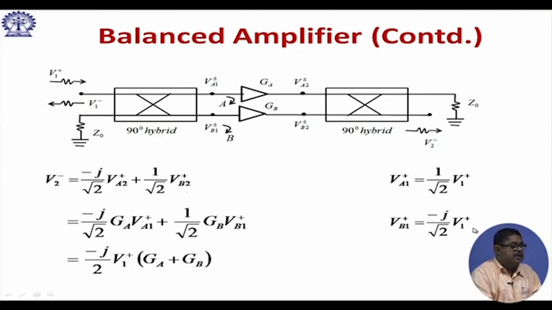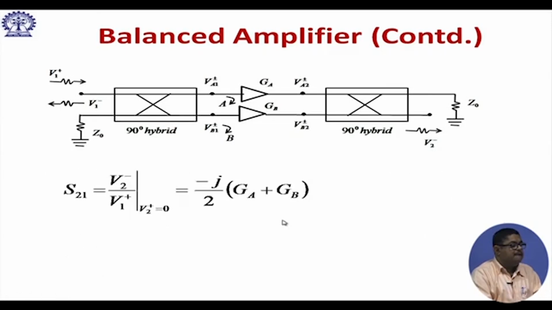Already remember this, put those values of A2 here, and finally you see that this is GA plus GB. So, with V2 minus in terms of V1 plus, immediately I can write the S21 parameter.